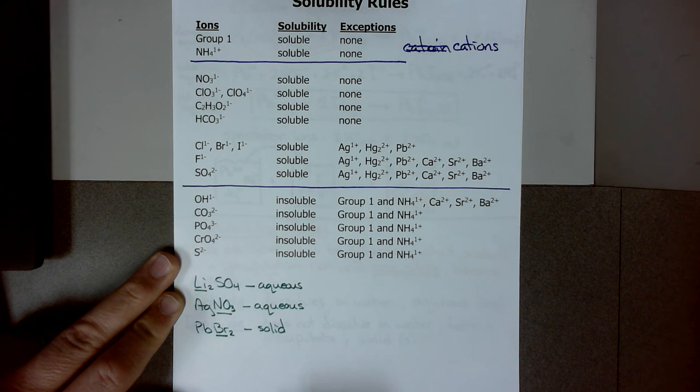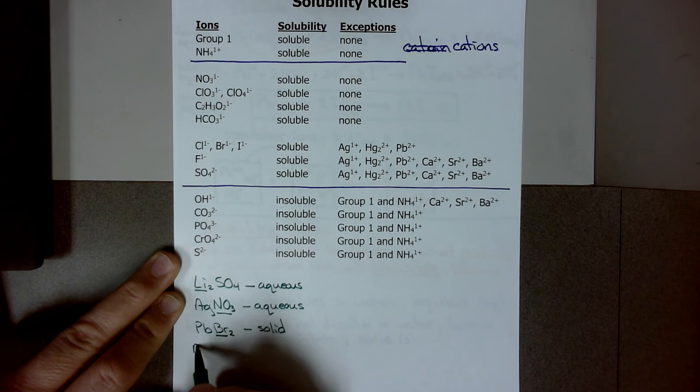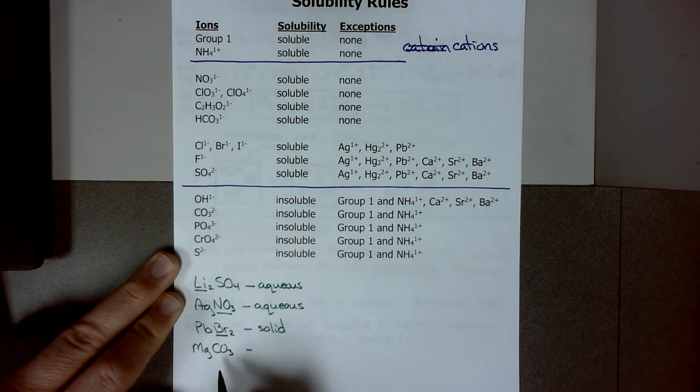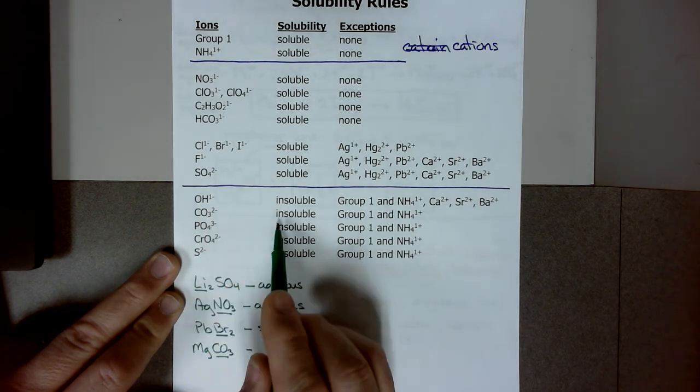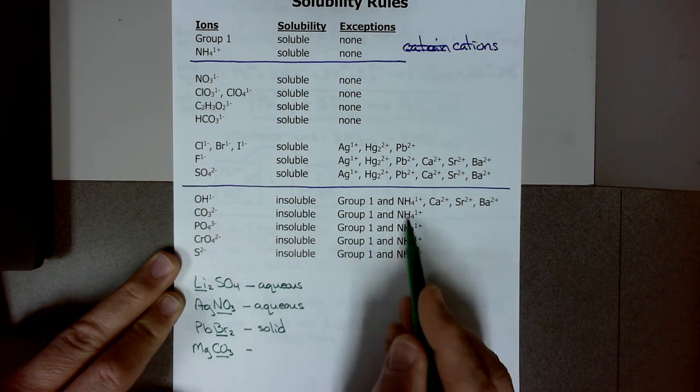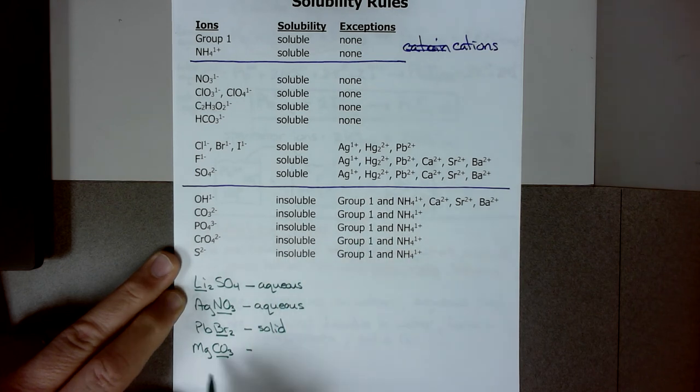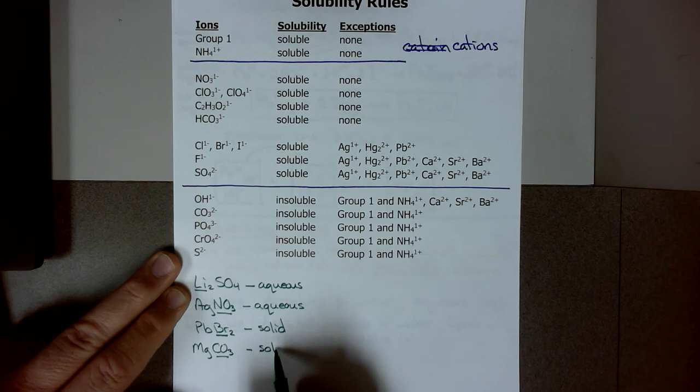Or what if I have magnesium carbonate? I look at the carbonate, here's my carbonates. All carbonates are insoluble, meaning they're solids, unless it's group 1 or ammonium, and magnesium's a group 2, so this would be a solid.